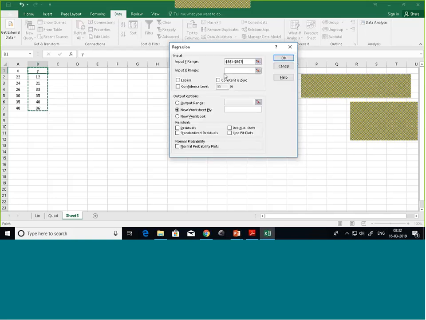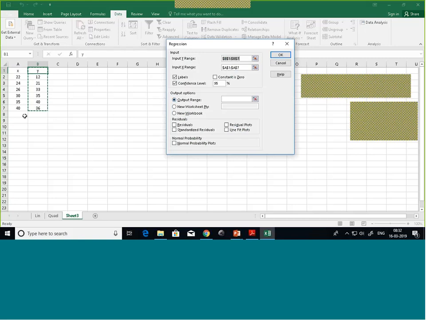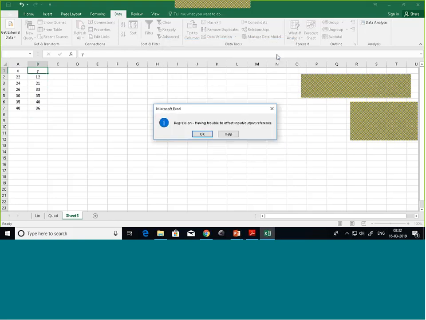Then the X range, so go to the X range and select it completely. In your x and y, you inserted labels, so tick Labels. The confidence level in the question is 5%, so it's 95%. Then the output should come here, and I'm giving output from the ninth row onwards. Then OK.